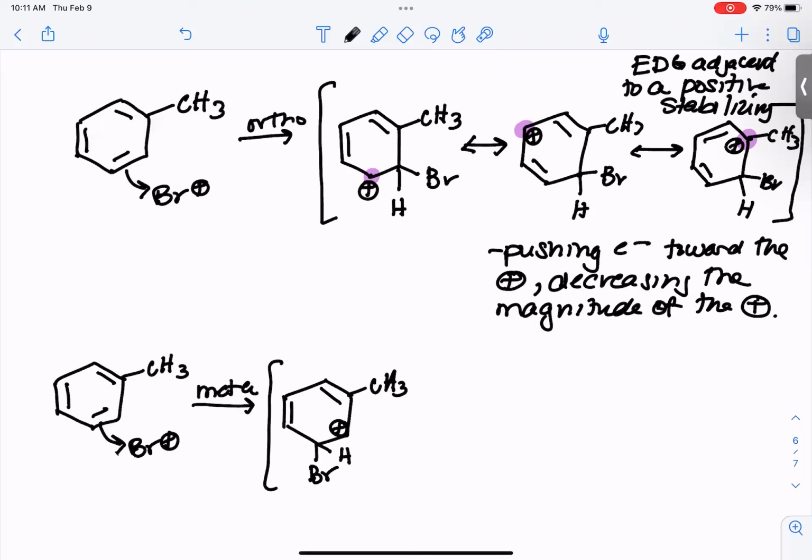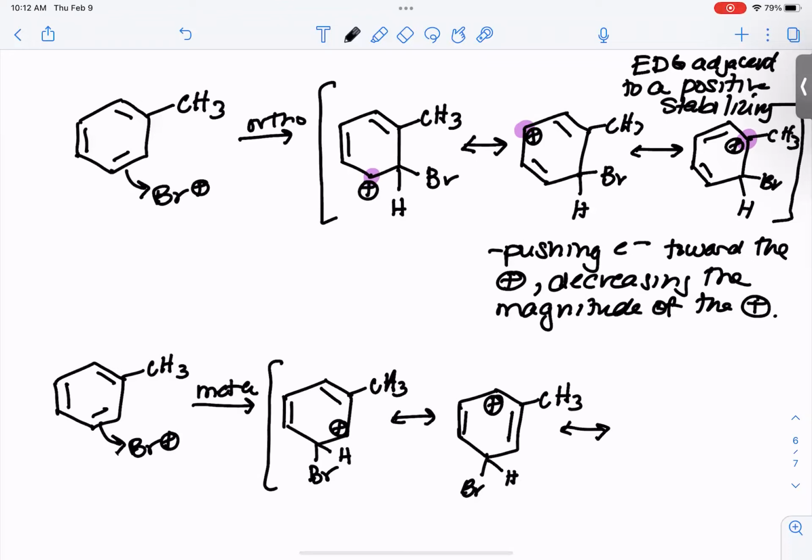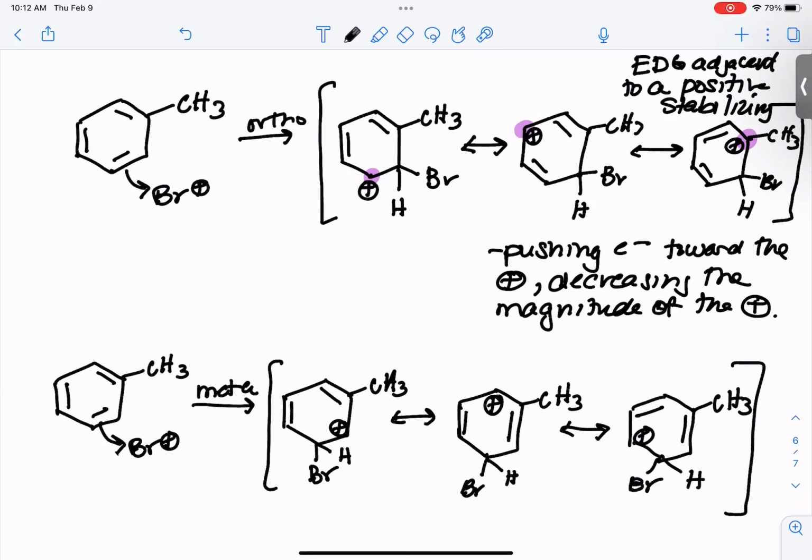And so now what we're going to do is, again, let's delocalize this charge. So I can delocalize the charge, right?